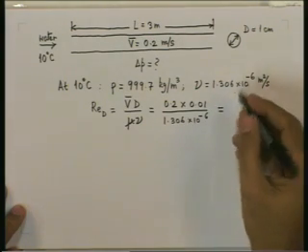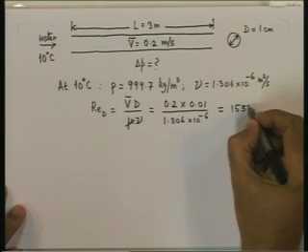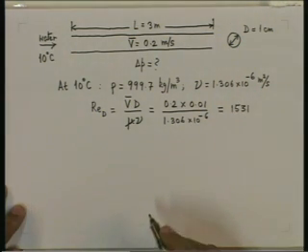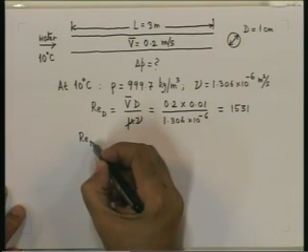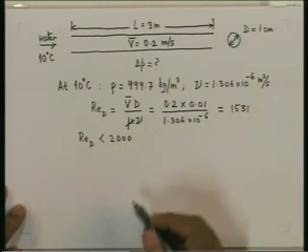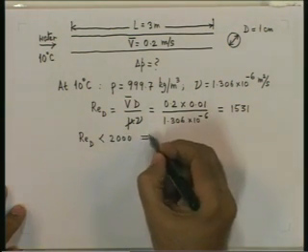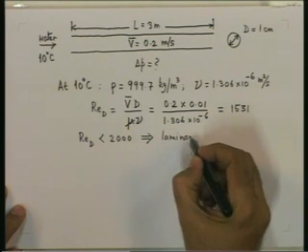This gives us 1531. Now this means that the Reynolds number based on the diameter is less than 2000, and this implies laminar flow.